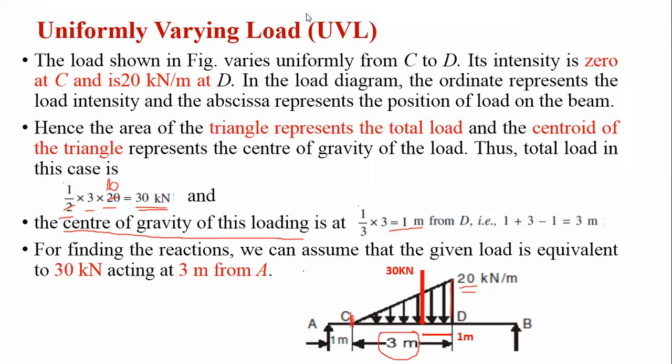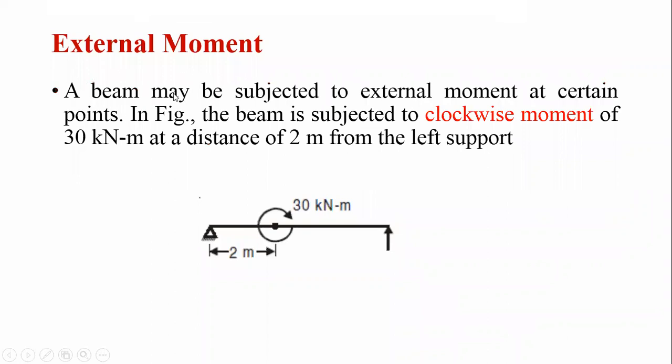Now let us see the next load, the external moment. The beam may be subjected to an external moment at a certain point. In the figure, the beam is subjected to a clockwise moment of 30 kilonewton at a distance of 2 meters from the left support. As we see here, this one is the clockwise moment. Whenever we find the reactions, if the clockwise moment is there, we take it as positive.